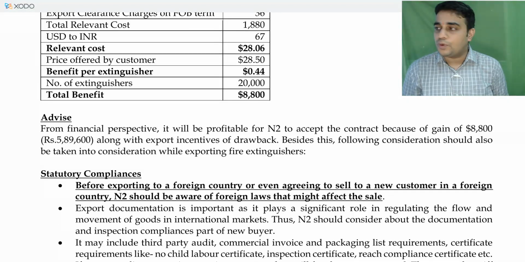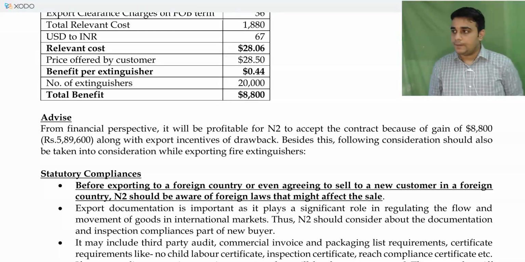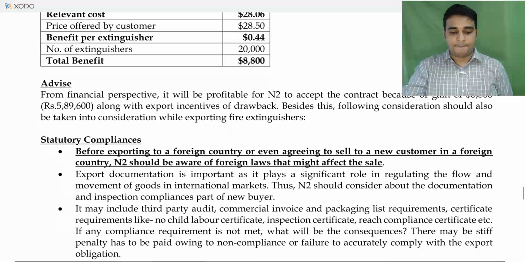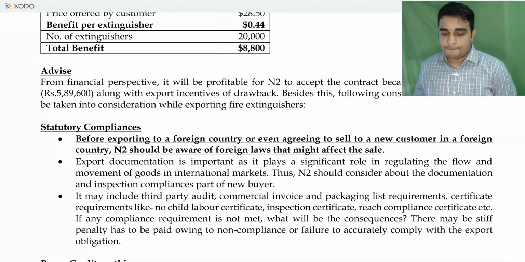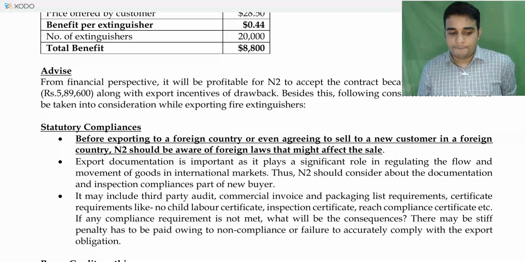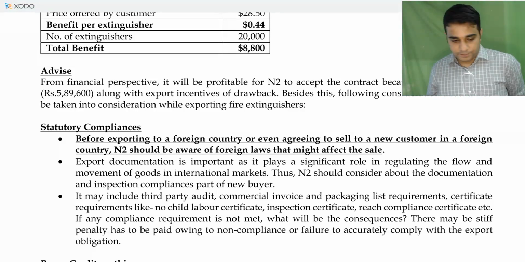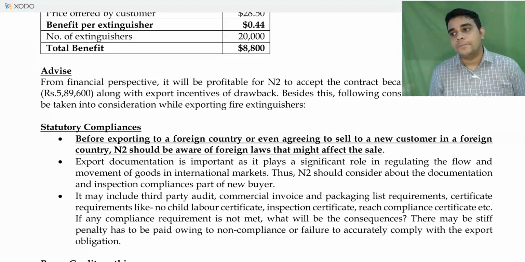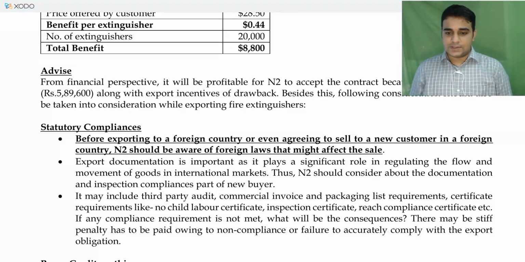But maybe 1 or 2 questions you can read it. You can just read through it.